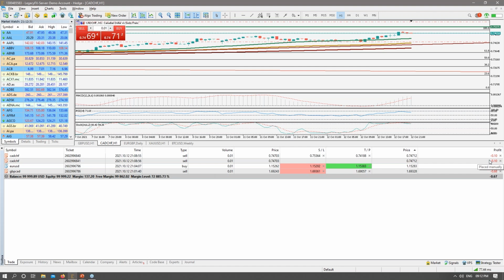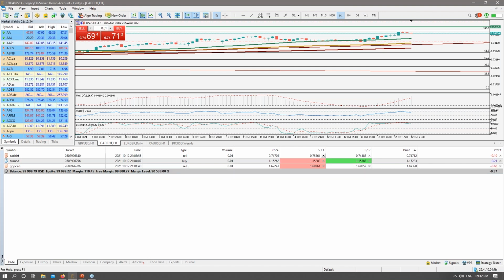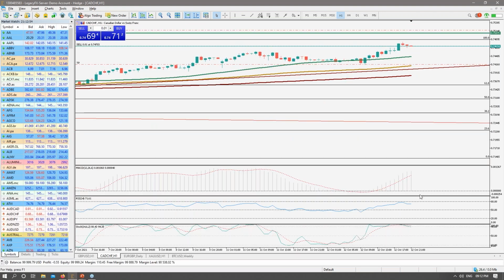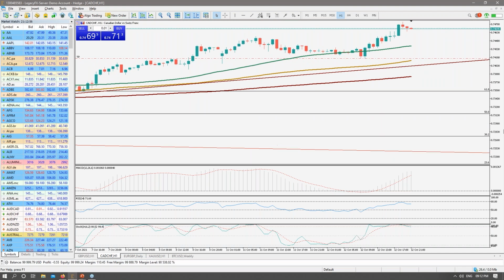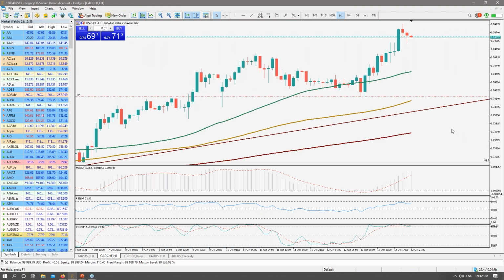Oh, this is the 2. We have 2 open. Let's do 1. There we go. Now it works. So you factor this one in and that one in. You would have something like this based on these indicators, because the indicator will tell you if you need to go out prematurely, but if it hits your take profit, it hits your take profit. You don't need to go out, obviously. I hope that makes sense.